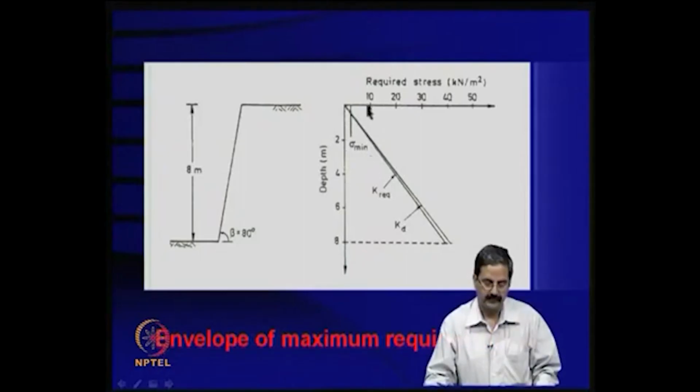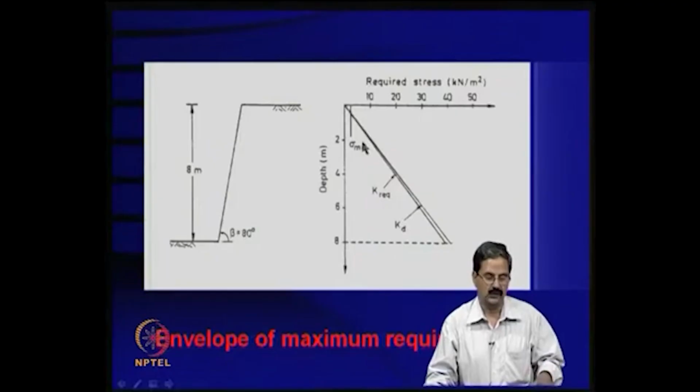How do you get that? One can also do this: it is a sandy material only, and you do a consolidation e-log p curve for that, and then you can draw the tangents from either side, and you get an intercept, which may correspond to 100 kPa.